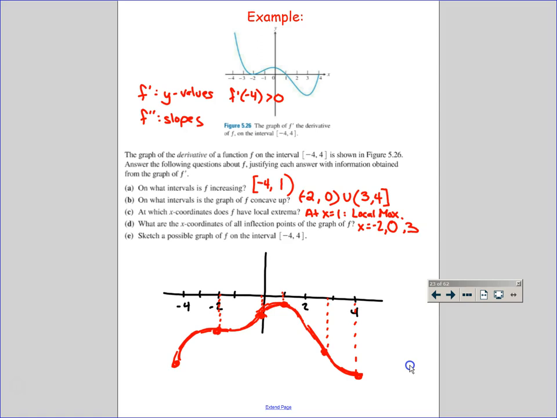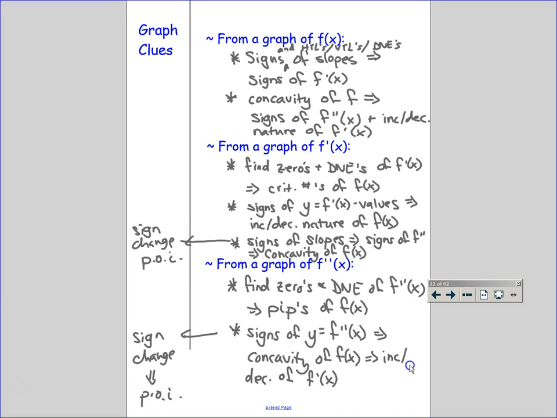Okay. So, some of you don't need this other page at all, but I just wanted to go ahead and do a quick summary of graphing characteristics. If we have graphs of f, original versus derivative versus second derivative, because this is a section where they're talking about looking at graphs.